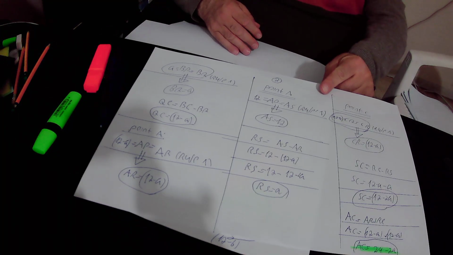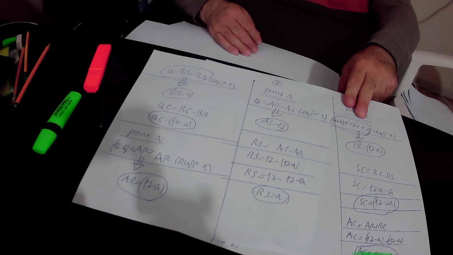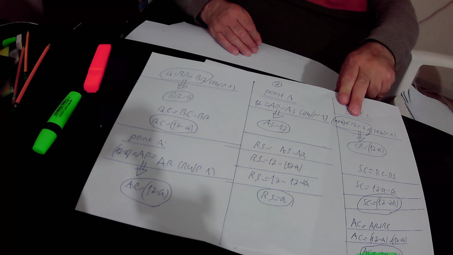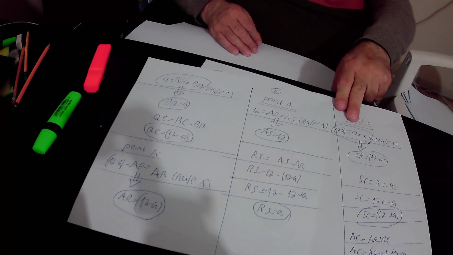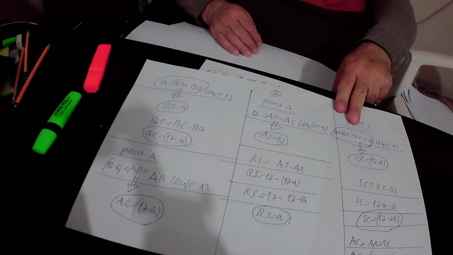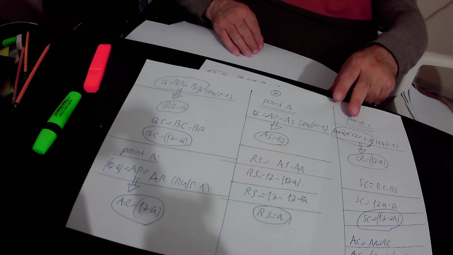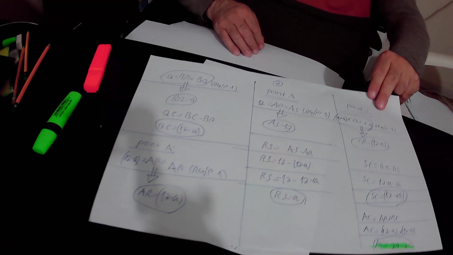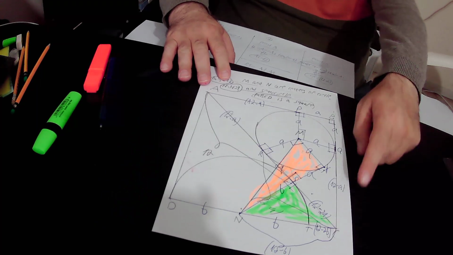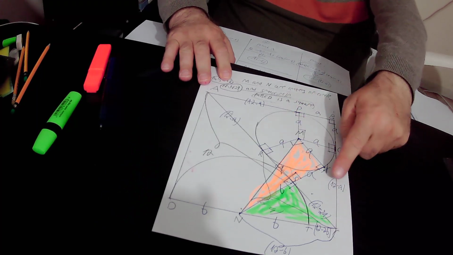So CQ must be equal to CR, but we have already found out that CQ equals 12 minus A. So from the equation 12 minus A equals CQ equals CR, we derive that CR is also equal to 12 minus A.